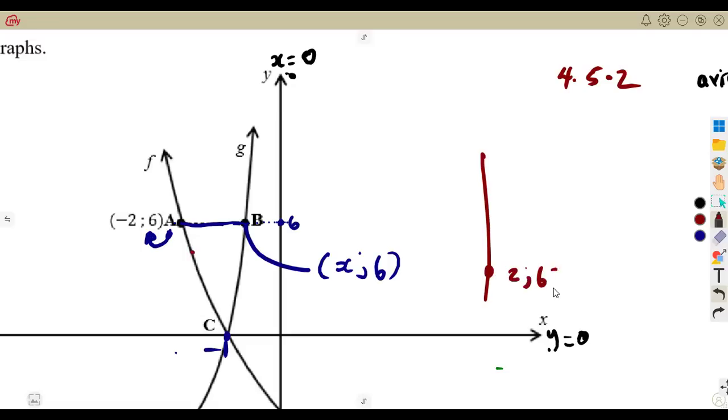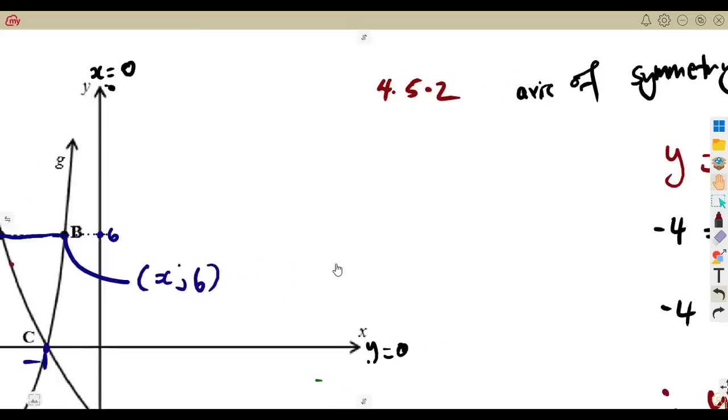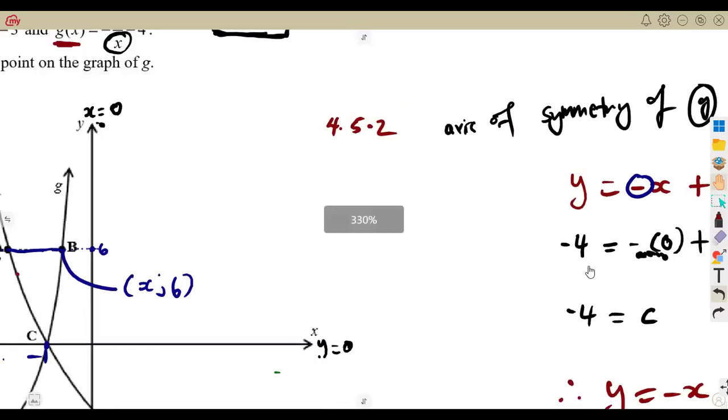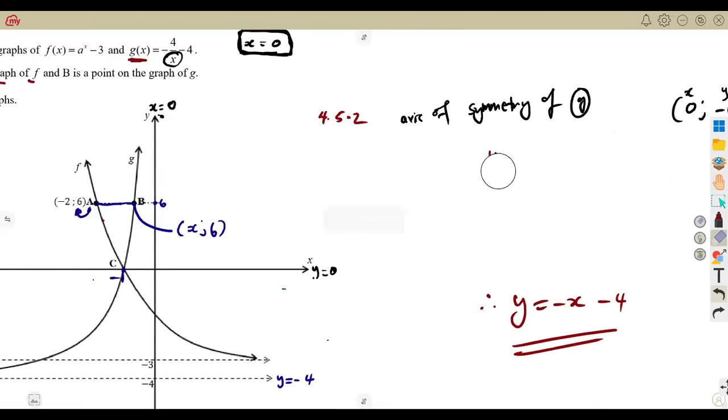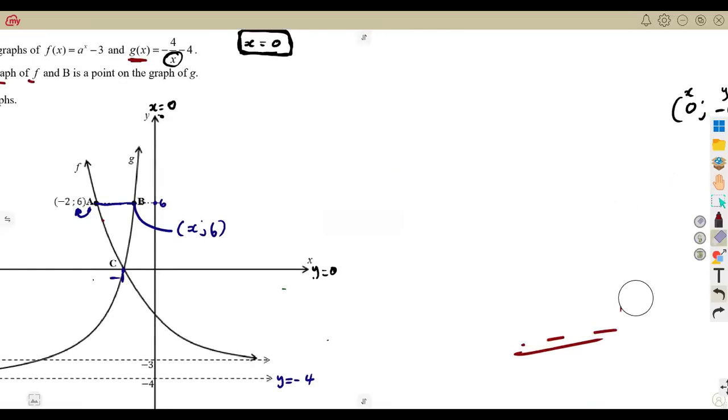If this is (2, 6) like this, it means at this point, we are going to have 2, but the value of y is the one that we do not know. But 2 is going to be the same for x. It's a vertical line. X values are the same. So on a horizontal line, the y values are the ones that are the same. Y is not going to change.